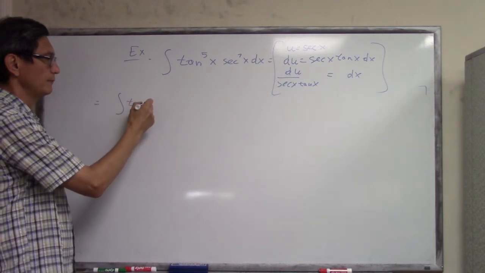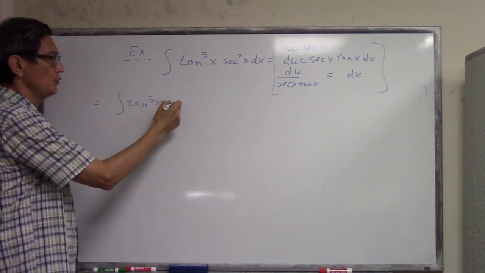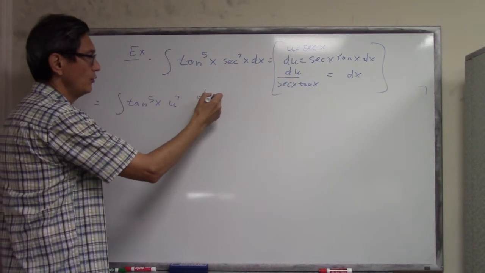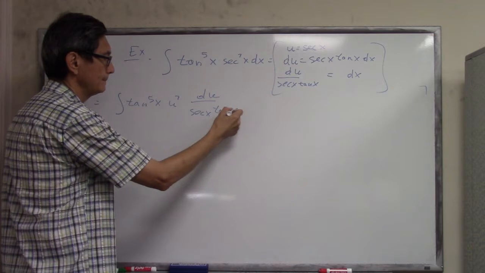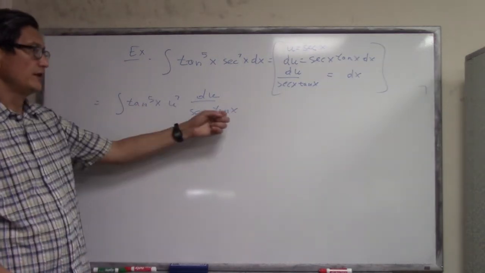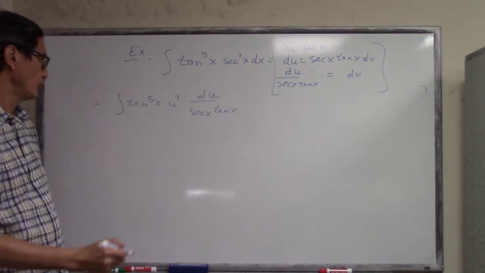Tangent raised to the 5th, u to the 7, du over secant tangent. Tangent to the 5th and tangent x will reduce into tangent to the 4th on top.